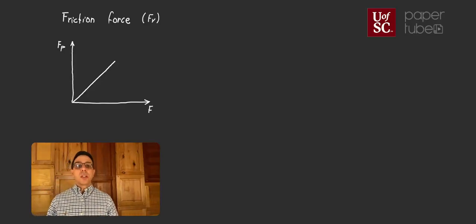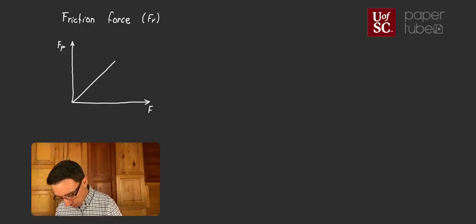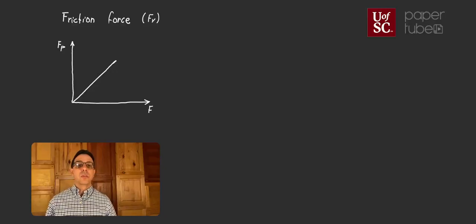Now we reach a point where the friction force is not strong enough to be able to hold the pushing force. And in that case is where we're going to find that the friction force is the coefficient of static friction times the normal force. So that's the point. This particular point over here is when that equation is true.